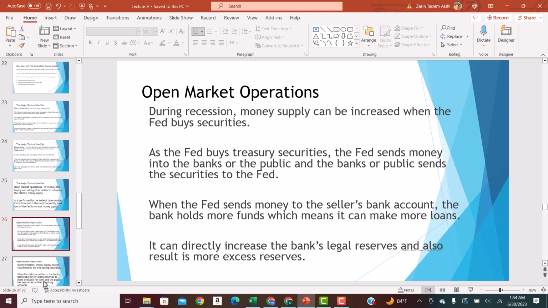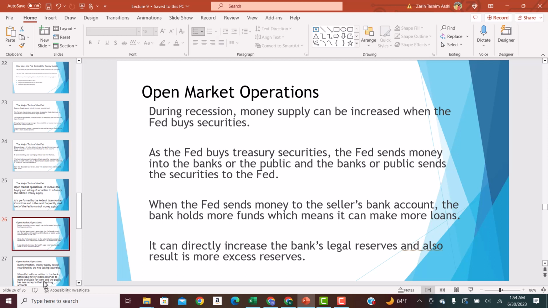Okay. So during recession, when people are spending less and the economy is down, the government and the Fed want the money supply to increase. So what they do at that time is they're going to buy the bonds back from the public and the banks. When they are buying, the bonds are coming to the Fed, but in return for the bonds, they are making payments to the people and the banks.